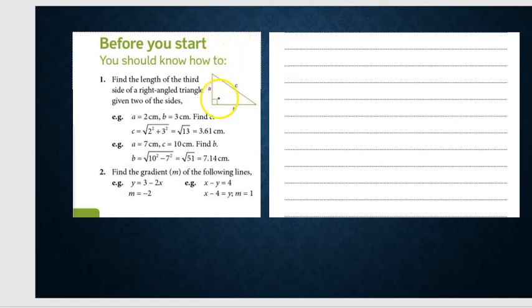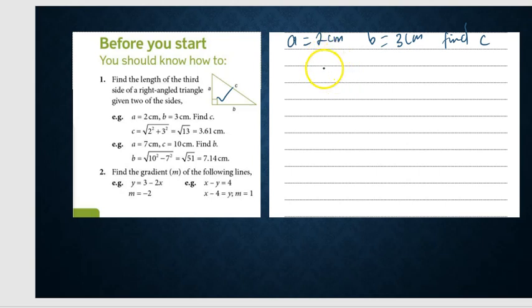A is given as 2 centimeters and B is given as 3 centimeters. We are supposed to find C.